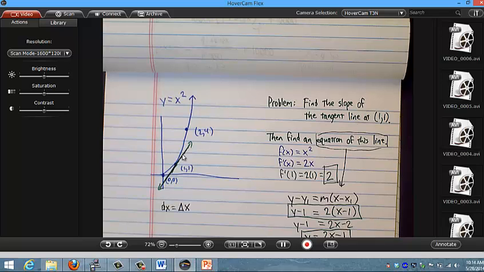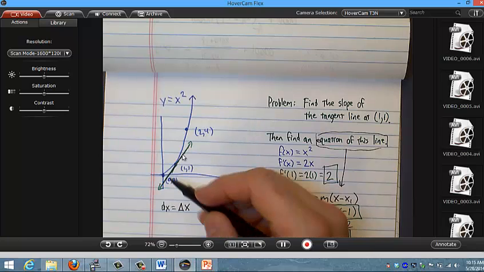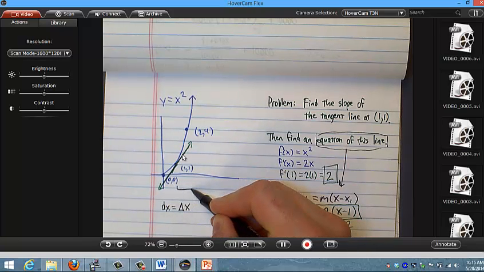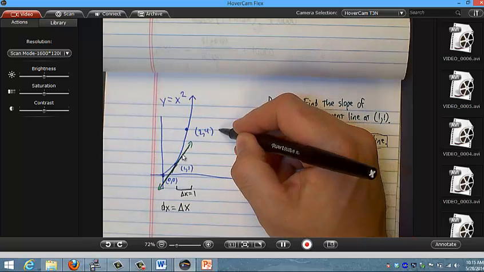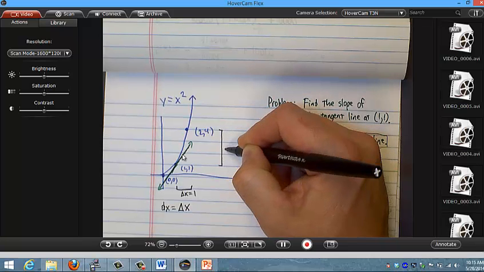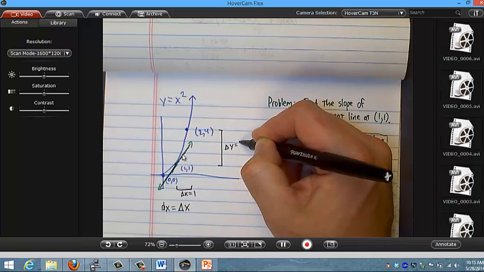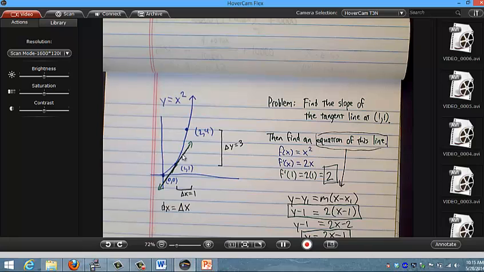What would delta x be in that case? In my example, delta x equals 1. You guys with me? What about delta y? Delta y would be 3. That's how much the y is changing.